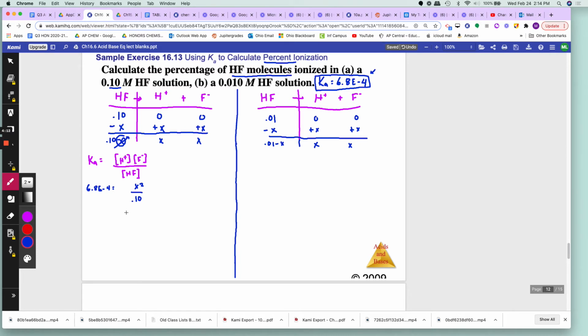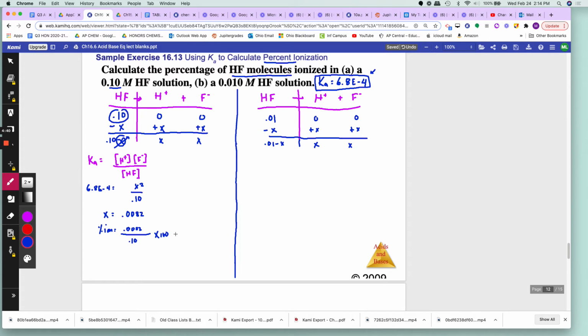So X is going to be 0.0082. The percent ionization is equal to 0.0082 divided by 0.10 times 100. 0.10 is the original right here.